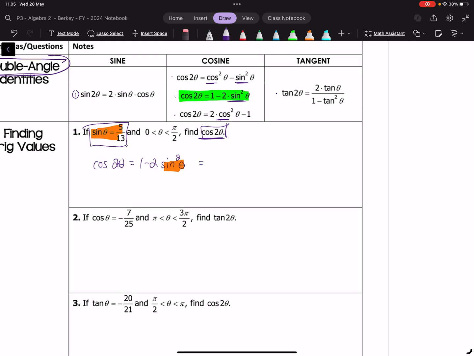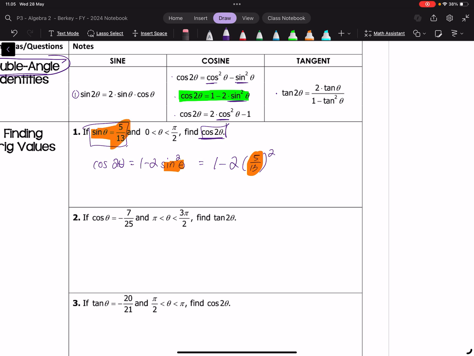This is equal to 1 minus 2 times 5 over 13 squared, because sine theta, that quantity squared, is 5 over 13. That's what was given to me.